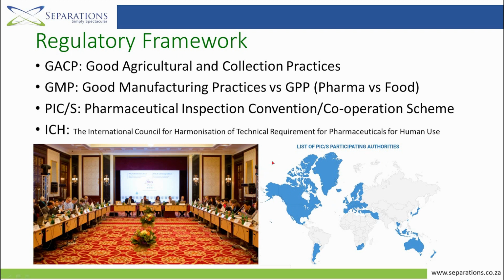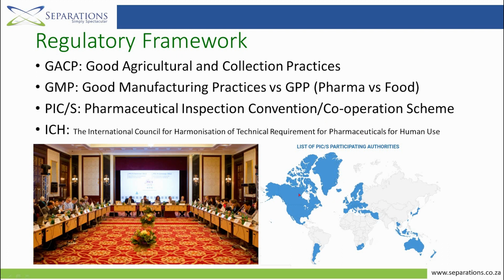So PICS is looking to standardize GMP across regions. If I know that I have a GMP manufacturing plant in Mexico or South Africa, it should conform, and the inspectorate bodies for those regions should hold to the same standard for GMP as, for instance, France or Germany or Canada, as an example.